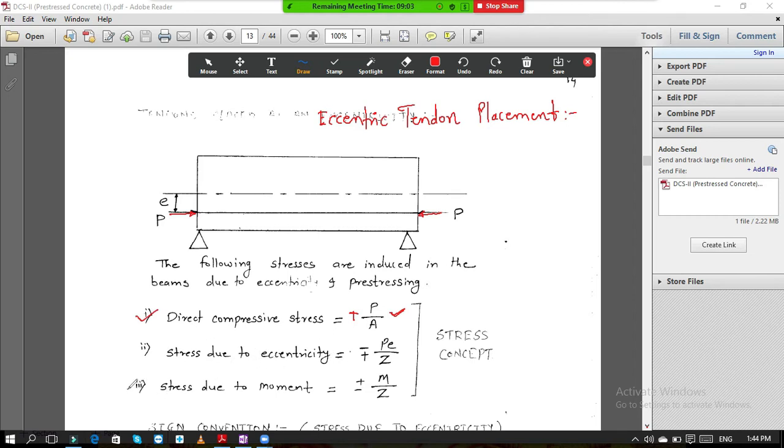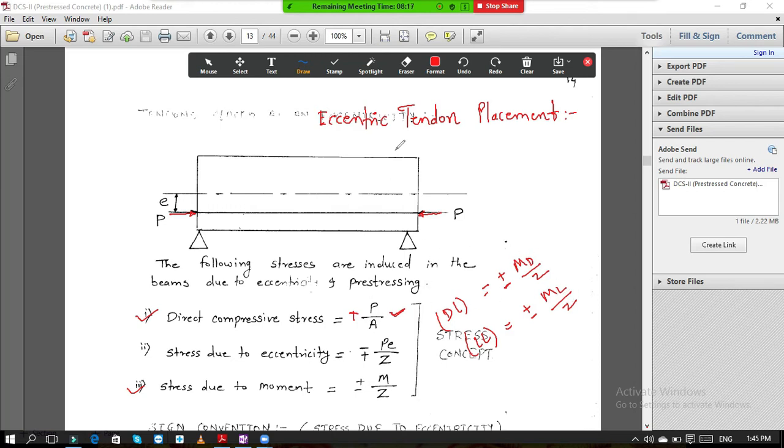Now this is the stress due to dead load or live load. This is the stress due to the moment, meaning dead load or live load. I will not write top and bottom specifically. I will just say stress due to dead load: it is plus or minus Md by Z. And stress due to live load is plus or minus Ml by Z. Here Md is the moment due to dead load, Ml is the moment due to live load.